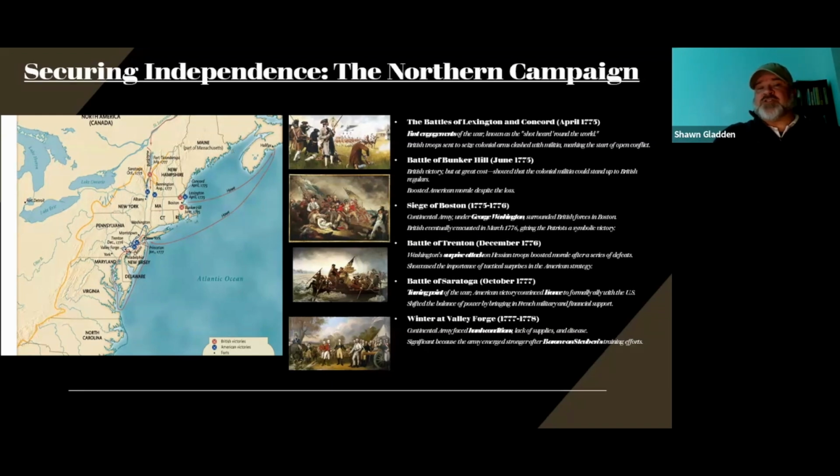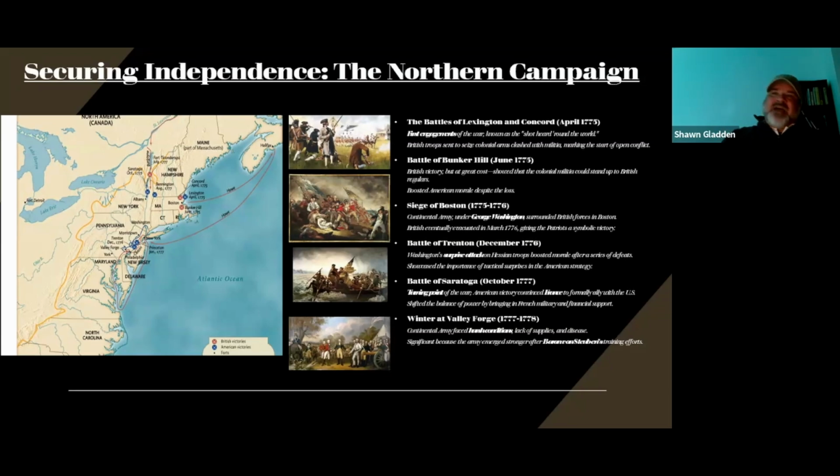Some historians believe that this is early LGBTQ history. So there you go. Anyway, they received critical training in European military tactics, emerging as a much more disciplined and effective fighting force by the spring. Valley Forge, not a battle but an encampment, symbolized the resilience and determination of the patriot cause.